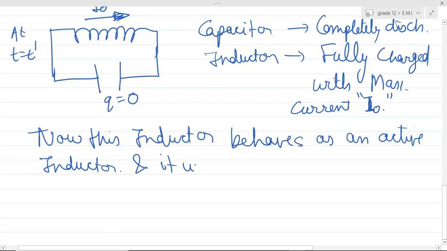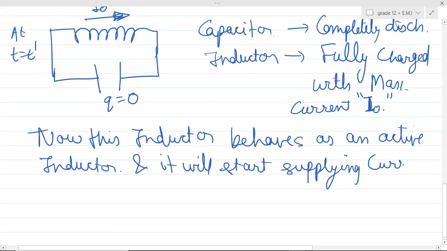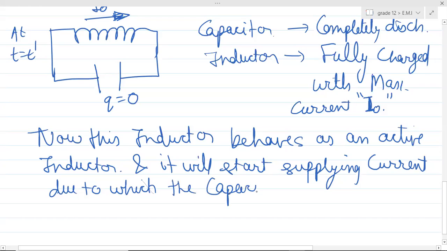It will start supplying current in the circuit, and when it will start supplying current in the circuit, what will happen? The capacitor will start getting charged, exactly, the capacitor gets charged again.